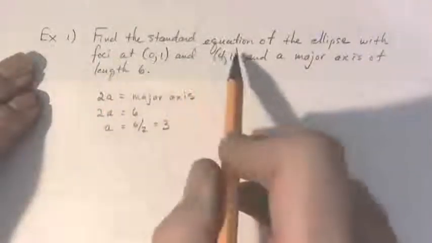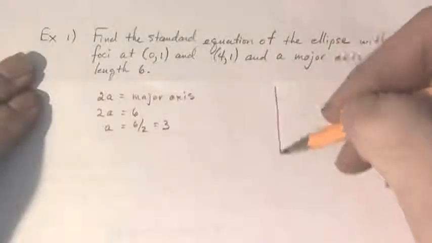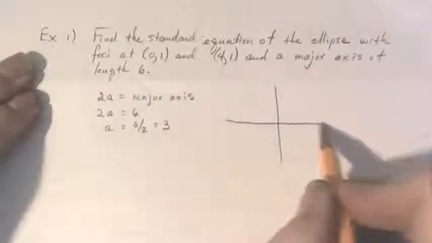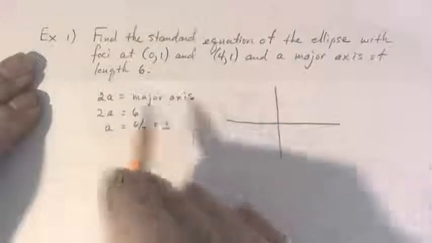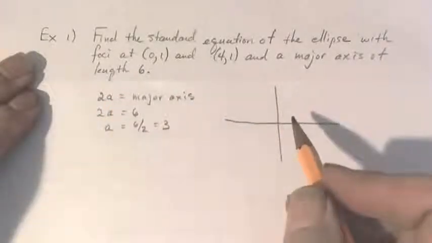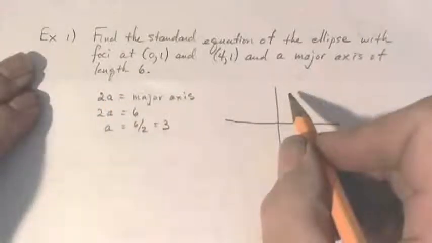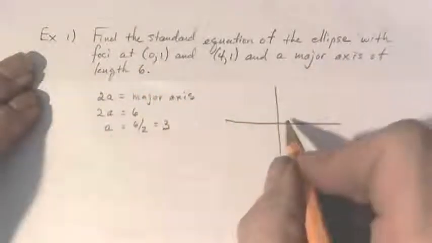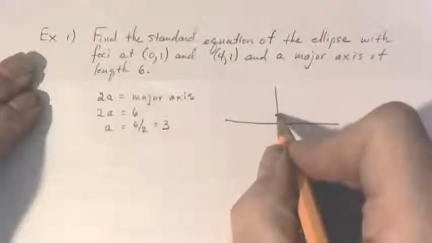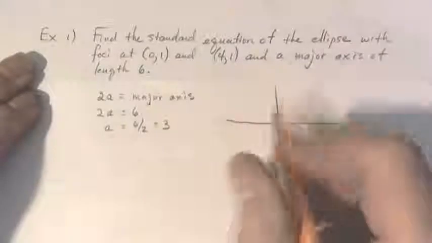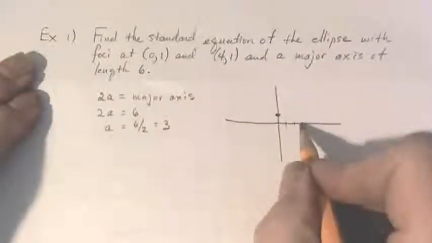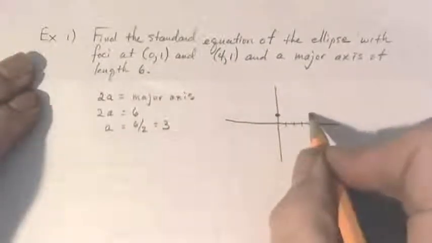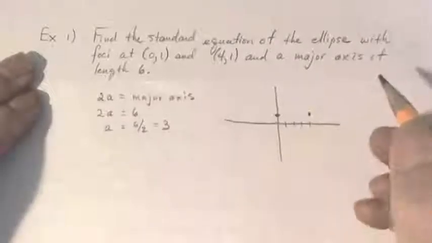Now, foci are given. I strongly recommend whenever you're doing these kinds of problems that you begin a graph and put the foci on the graph, or any other information that you're given. So (0, 1) would be here, and (4, 1) would be 1, 2, 3, 4, 1.